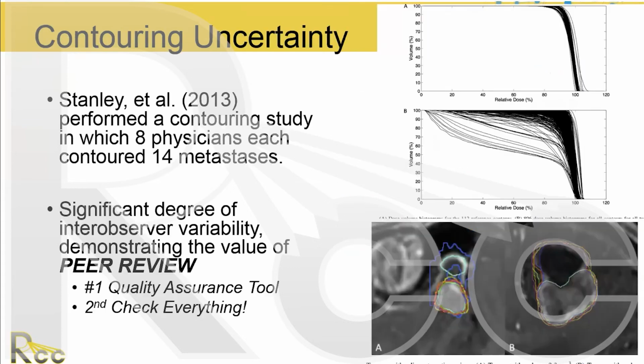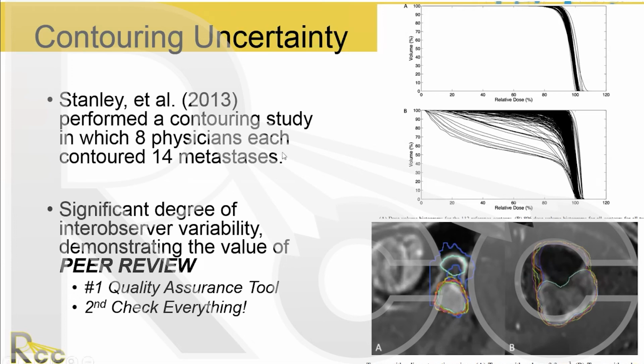This is showing some of the points that we need to focus on to ensure consistency in our practice. And this is the contouring uncertainty with the same imaging protocol. Imagine if you're using different imaging protocols, or people are using different imaging protocols. This is 8 physicians contouring 14 metastases, and it's also showing the different dose distributions received based on these different contours.